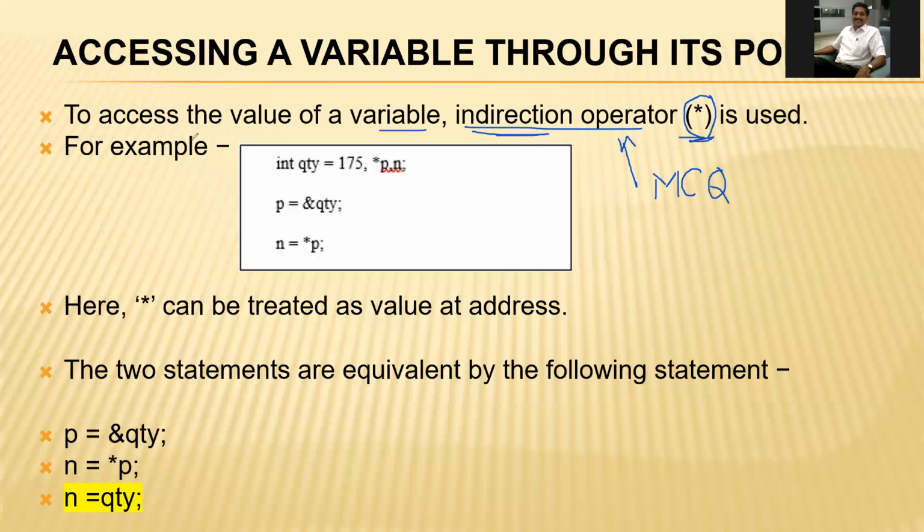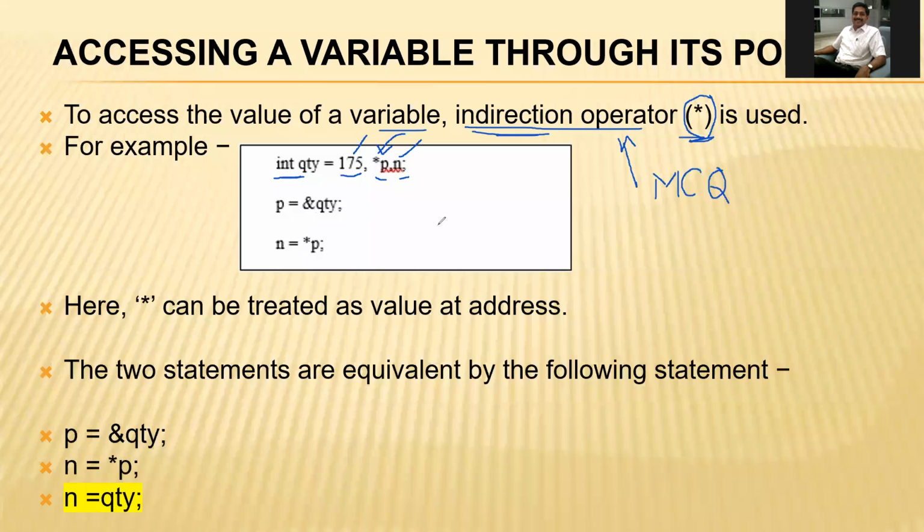For example, integer quantity is equal to 175. Integer star p is declared as a pointer variable, and integer n is a normal variable. 175 is a constant value.